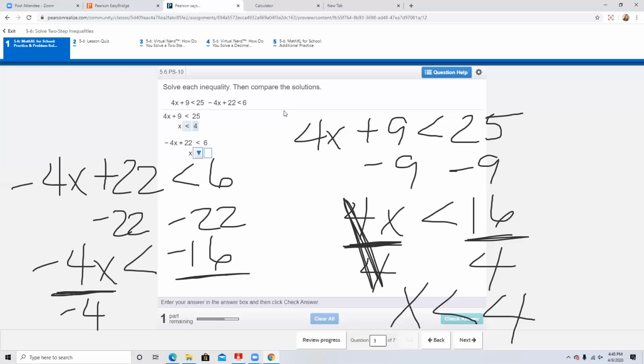So what do we do when we're dividing by a negative? We just talked about that. When you divide by a negative sign, you flip the sign.